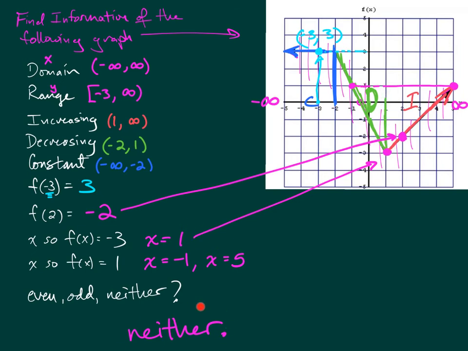And this graph is neither odd nor even. You can tell that because this graph is not the same to the left as it is to the right. But also, if you decided to spin this graph 180 degrees, right on its head, it would look like a completely different graph. So this is neither odd nor even.